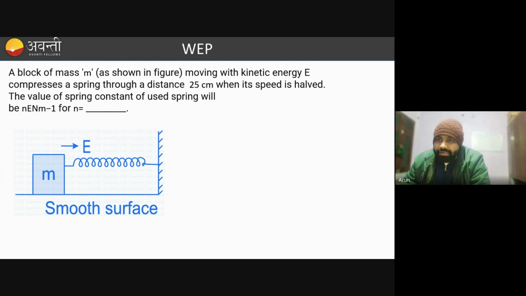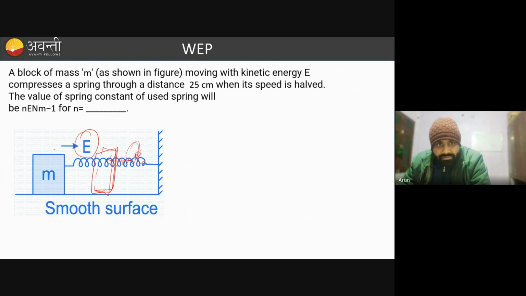So we have to calculate the value of N. Now you can see this block has a kinetic energy E. When it compresses this spring, let's say it is here now. The spring is being compressed. So spring applies a force on it and it is doing work on the spring. So this work will be stored as the potential energy in the spring.